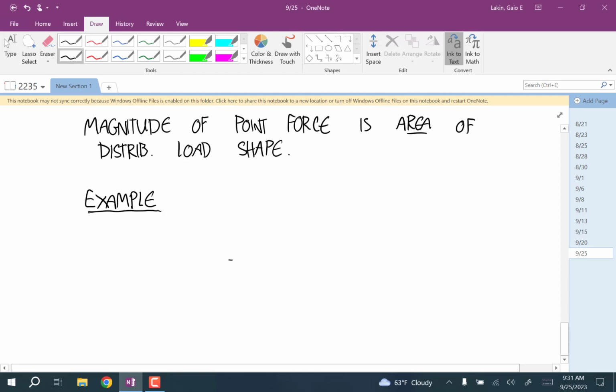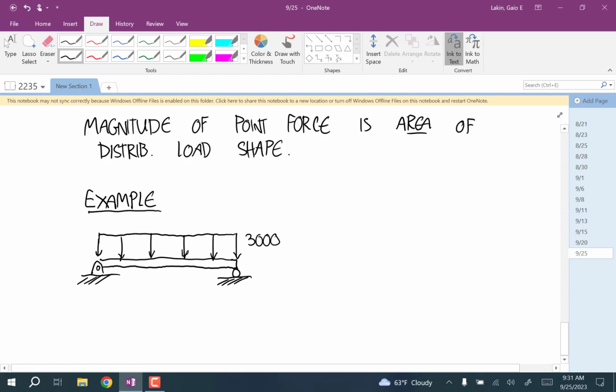So let's say we have a beam with a roller at one end. And let's say that the distributed load is 3,000 newtons per meter.